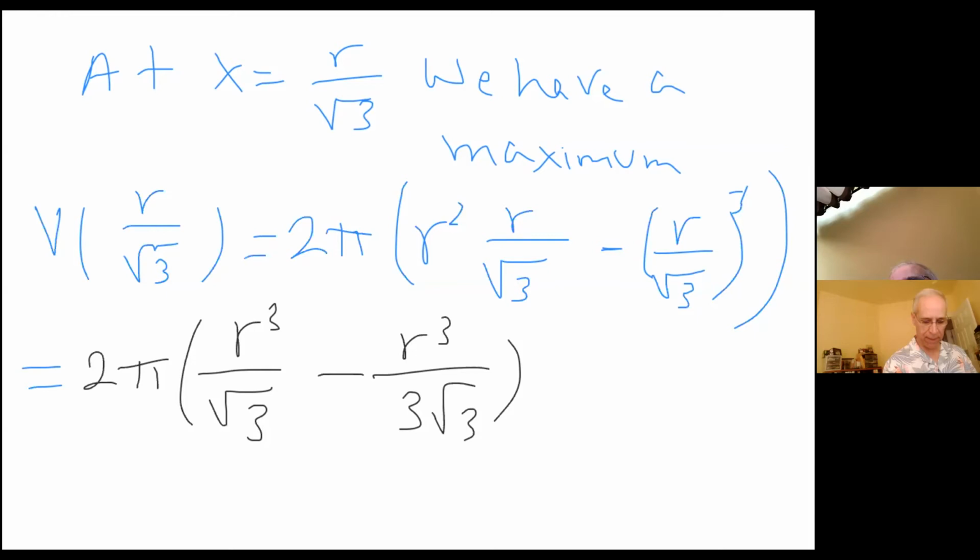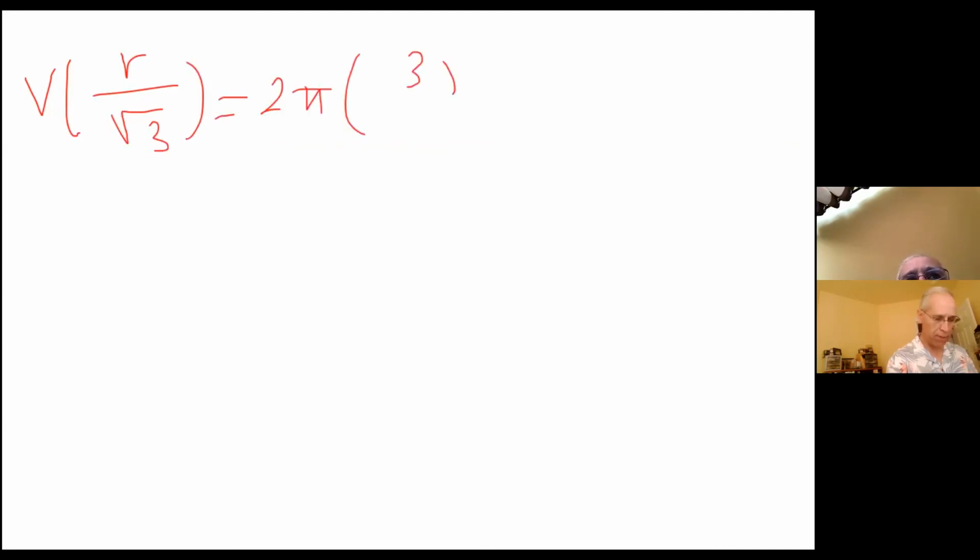Need LCD. Going to go to the next page. And so I have the volume at r over root 3 equals 2 pi times 3 r cubed over 3 root 3 minus r cubed over 3 root 3.